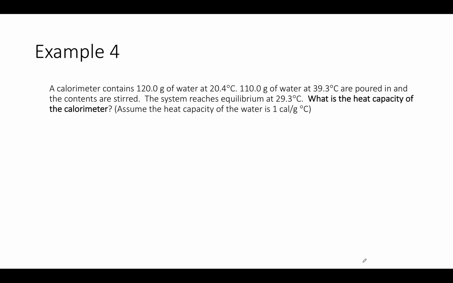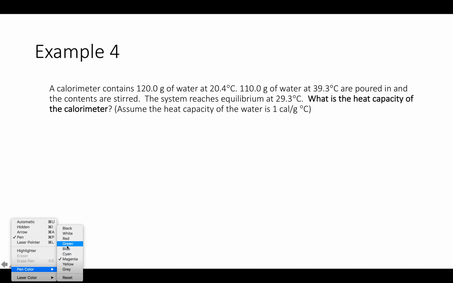A calorimeter contains 120 grams of water at 20.4 C. 110 grams of additional water is added at 39.3 degrees Celsius, and they're poured in together and the contents are stirred. The entire system reaches equilibrium at 29.3. What's the heat capacity of the calorimeter?